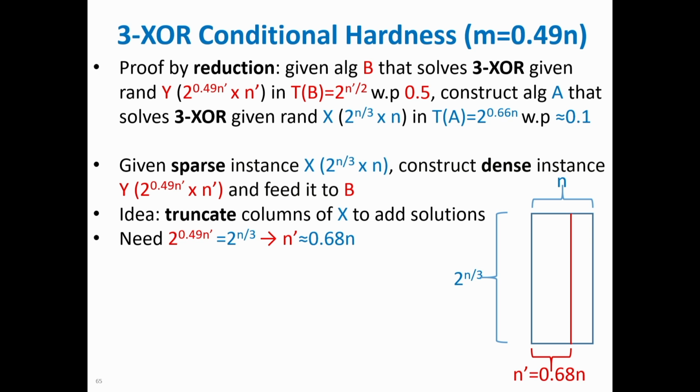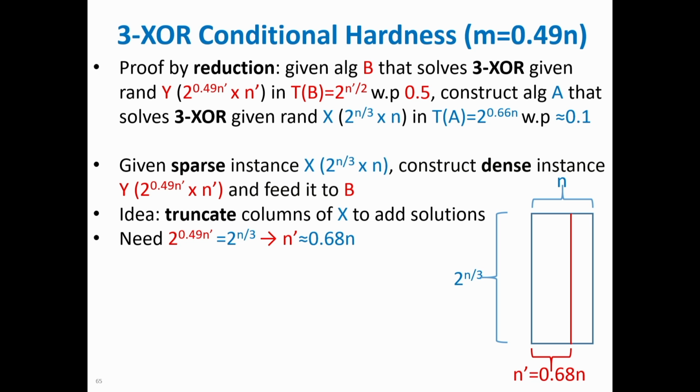Basically we have an instance with this dimension, and you need to create an instance with this dimension. You need to work out the parameters here, and we're not truncating rows, we're keeping the number of rows the same. So this dimension should be equal to this dimension, and we need to solve some equation. And you get that n prime here, which is the number of columns in the dense matrix, is equal to 0.68n.